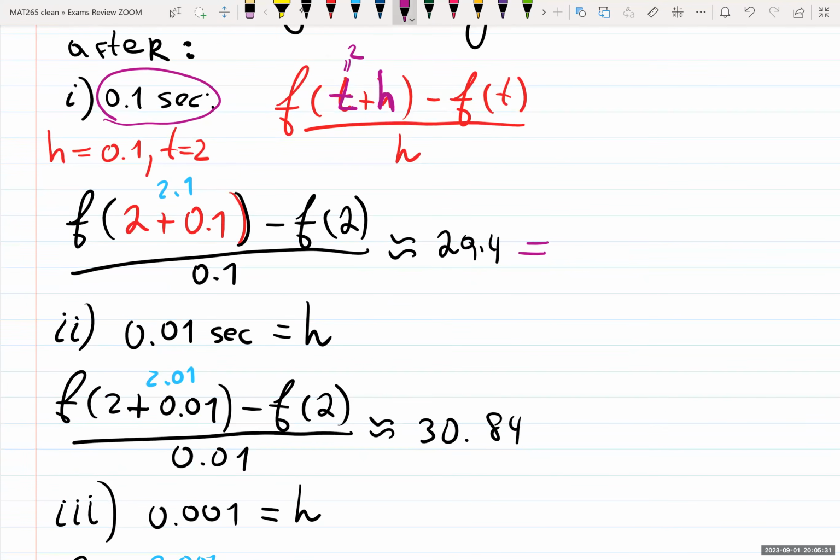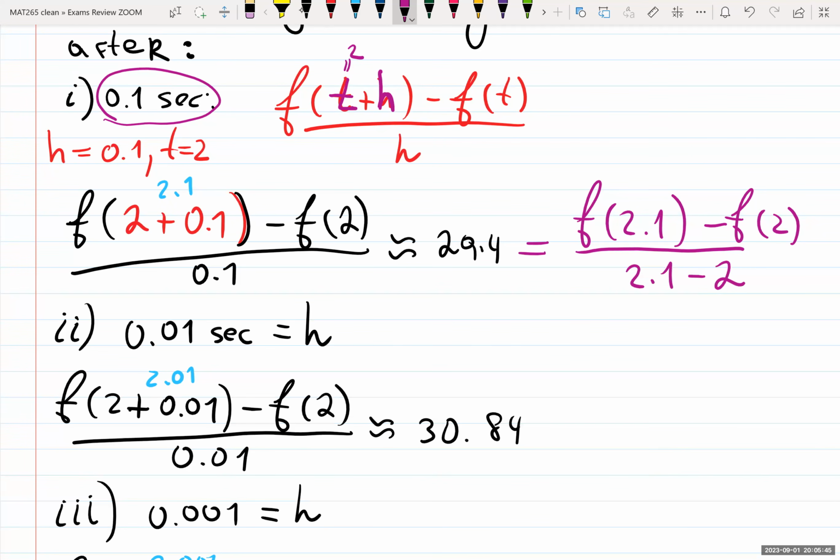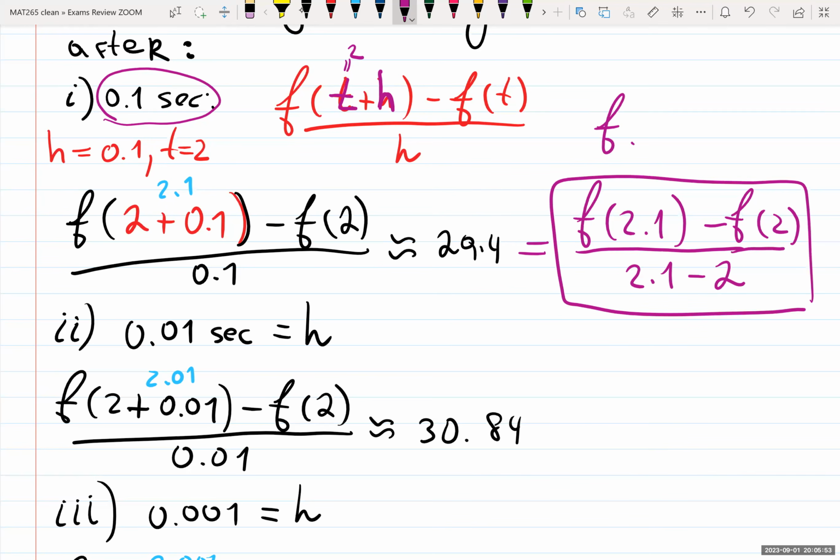I actually can explain it this way, I just realized. We had f of 2.1 minus f of 2 divided by 2.1 minus 2. That is how we get 0.1. So it is the formula you just asked about. It's the same thing as the formula of f at x minus f at a all over x minus a.